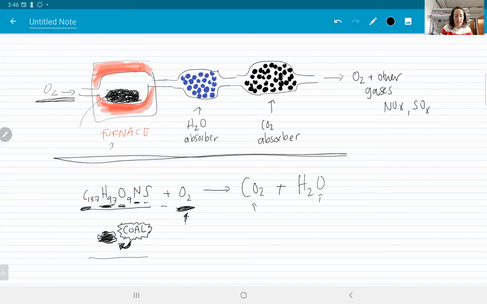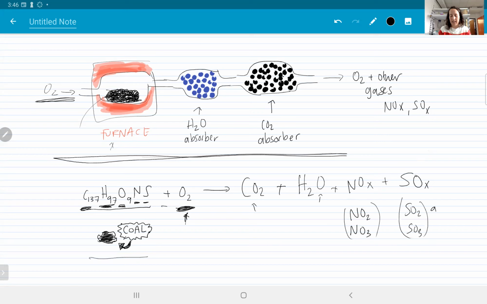But this nitrogen and this sulfur make compounds we call NOx and SOx. NOx is either NO2 or NO3, covalent compounds, not the polyatomic ion form. These molecules are pollutants, and SOx are usually SO2 or SO3.